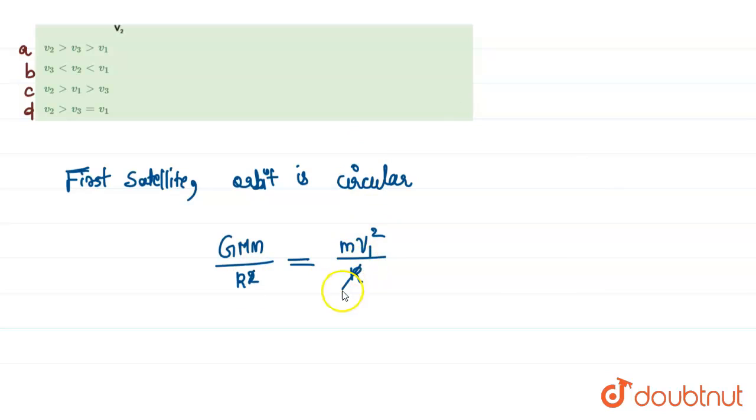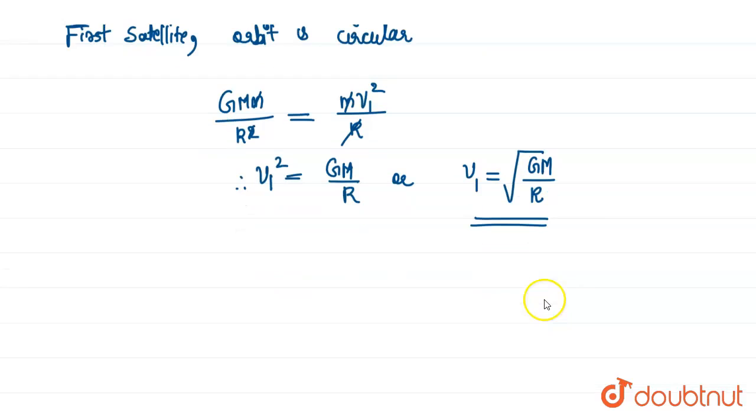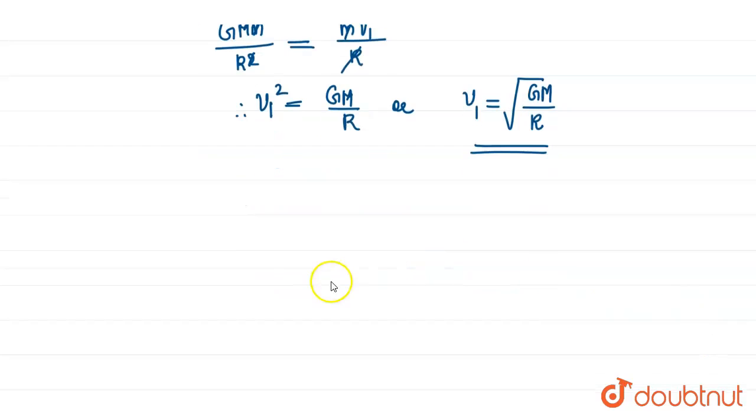So we can cancel one radius. Therefore, v1 square is equal to, cancelling the mass, GM by r, or v1 is equal to root of GM divided by r. So this is the velocity of a satellite orbiting in a circular path.